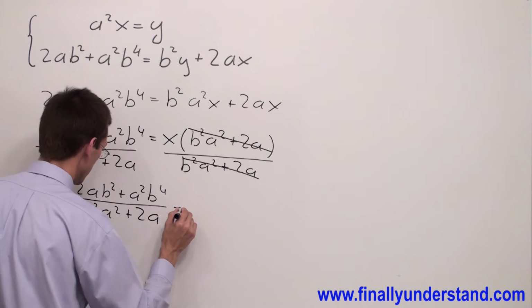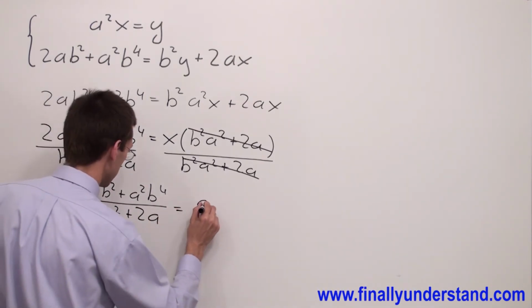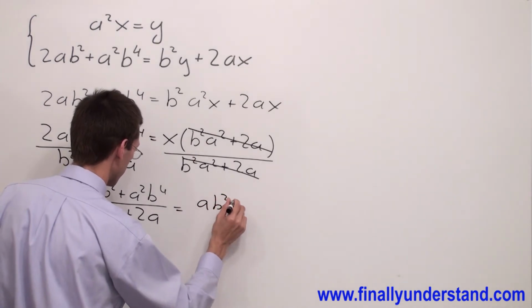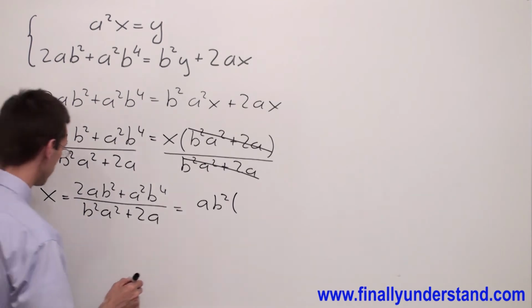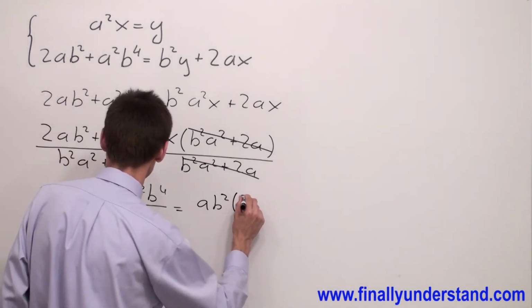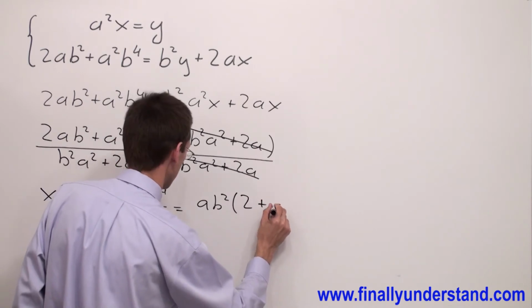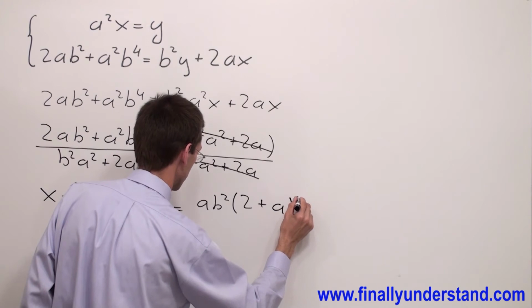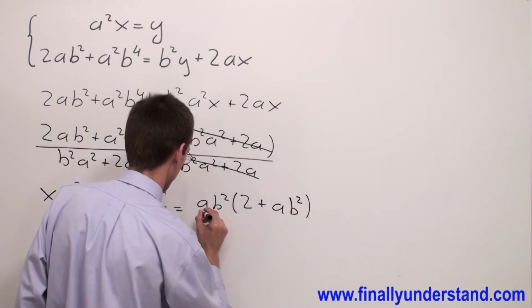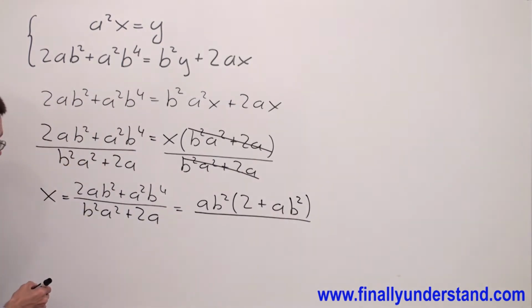Now, let's take a look what we can do next. From the numerator, I can factorize ab squared. And inside of the parentheses, I'm going to have 2 plus ab squared. From the denominator, I can factorize a.